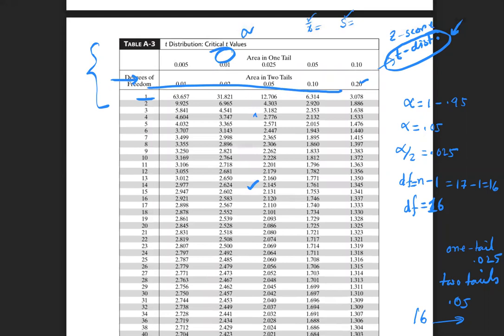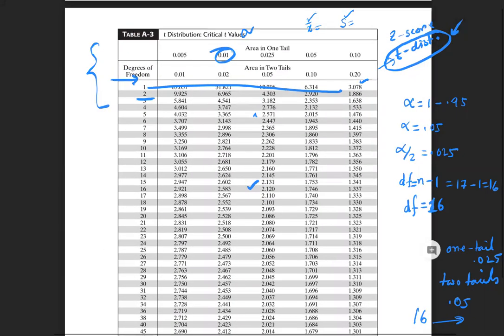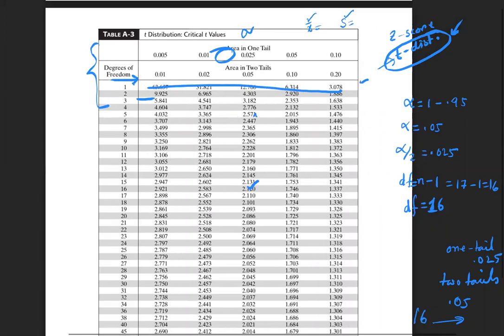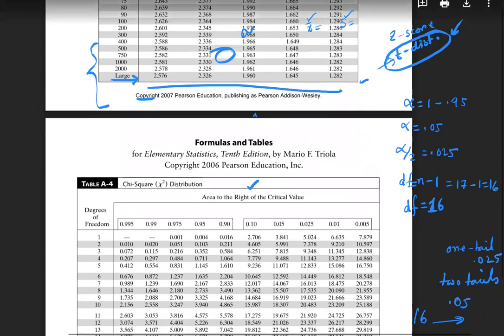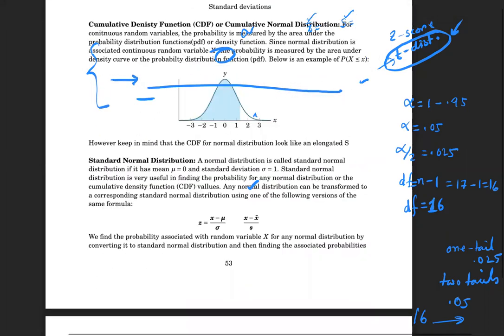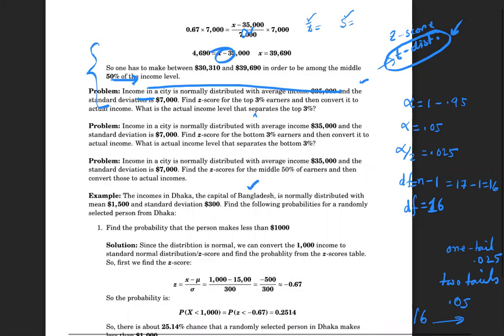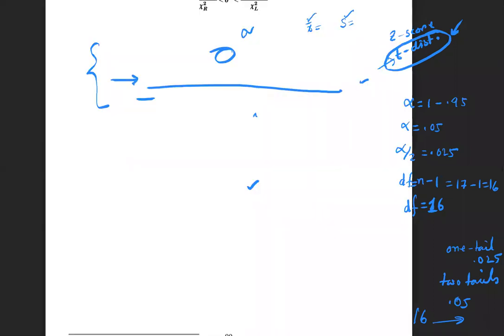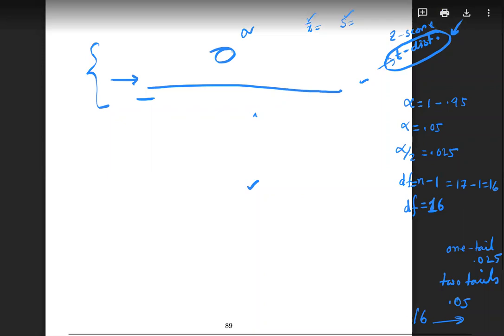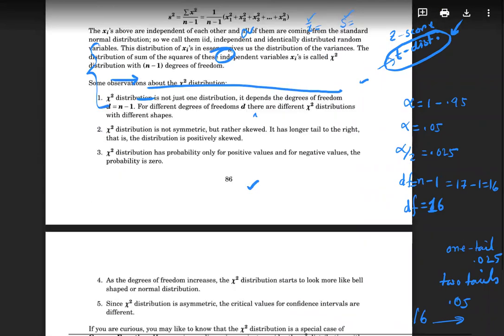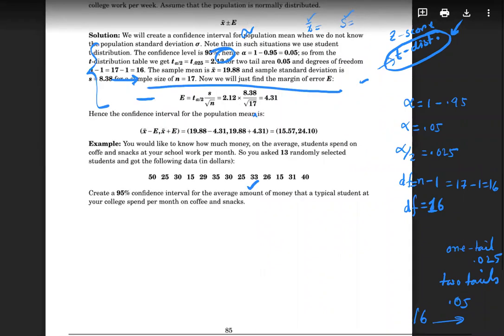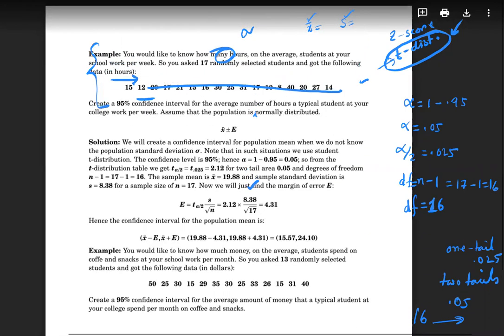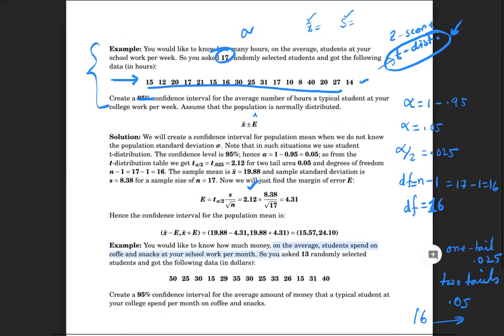That's right, so it's correct. So that's what it is, 2.12.